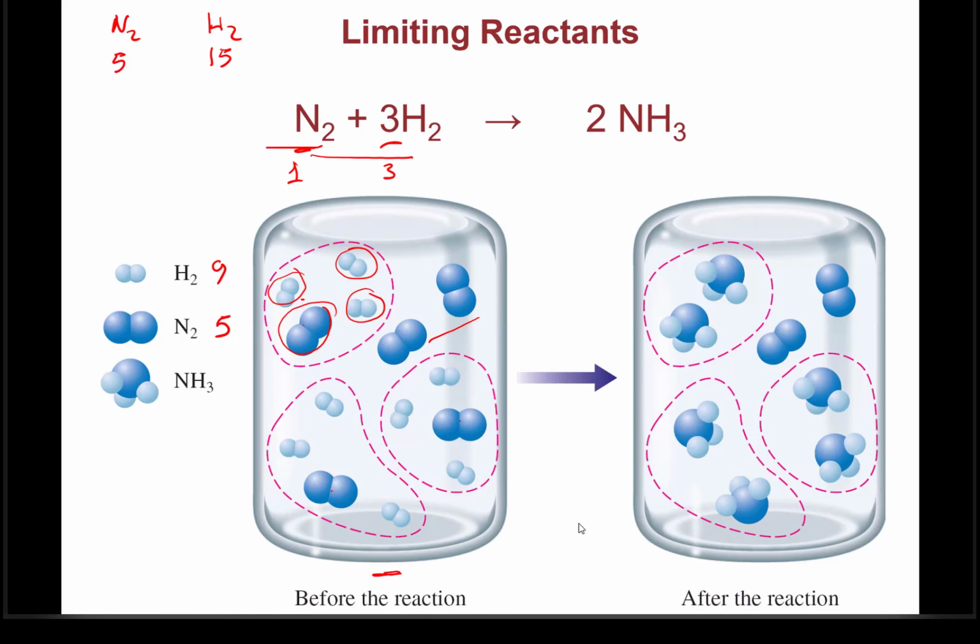If you want to compare it the other way around, consuming all the 9 molecules of hydrogen that we have would only require 3 molecules of nitrogen, which is much less than what we already have. So what will get consumed first is the 9 molecules of hydrogen, and that's why hydrogen is the limiting reagent.